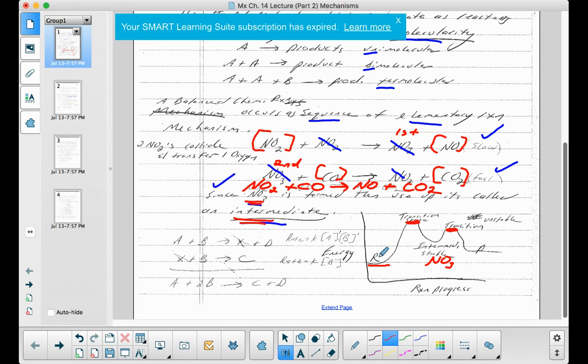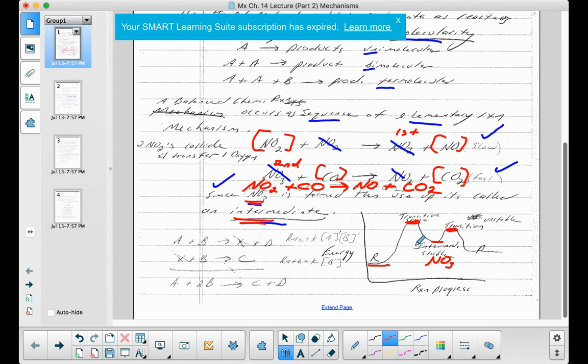So what we can see, we could look at this and we could say, which one of these would illustrate the faster or the slower step? Well, look, it's going to take a greater amount of energy to get to this first transition state versus getting to the second transition state.